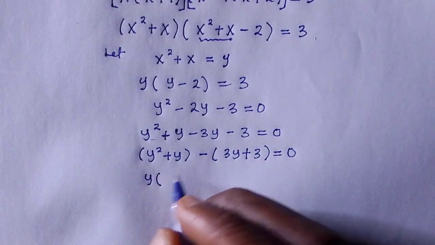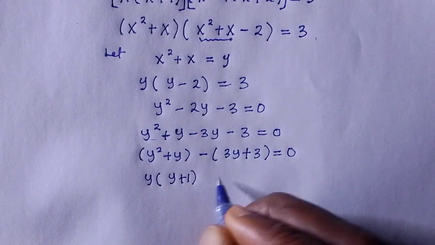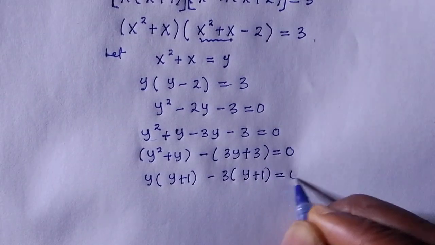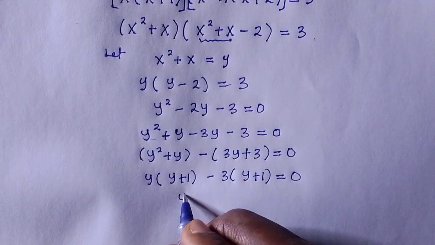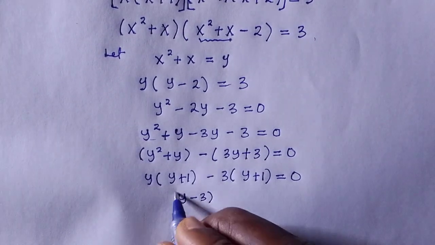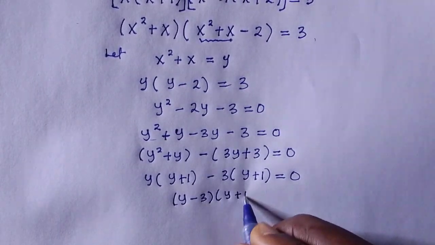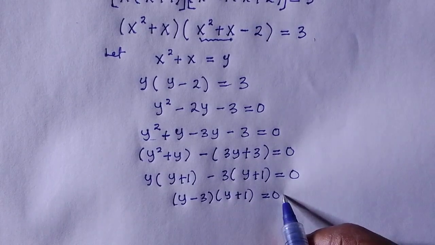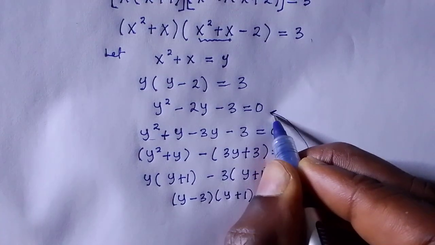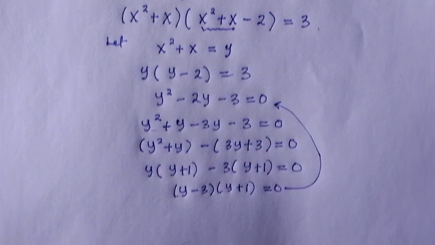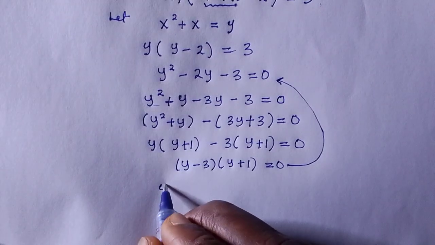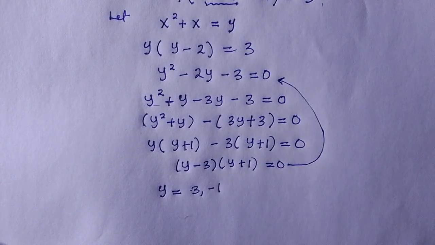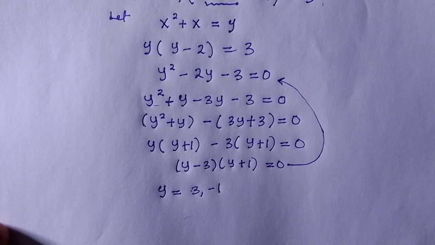We factor it out, and here we have y(y + 1) - 3(y + 1) = 0. Therefore, here is (y - 3)(y + 1) = 0. This is the factorization of the quadratic equation. To get the roots, we have y = 3 and y = -1. So these are the two roots for this quadratic equation.